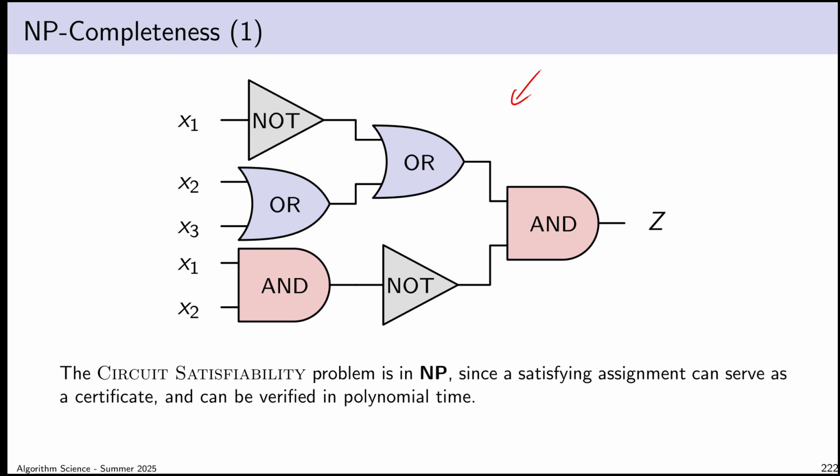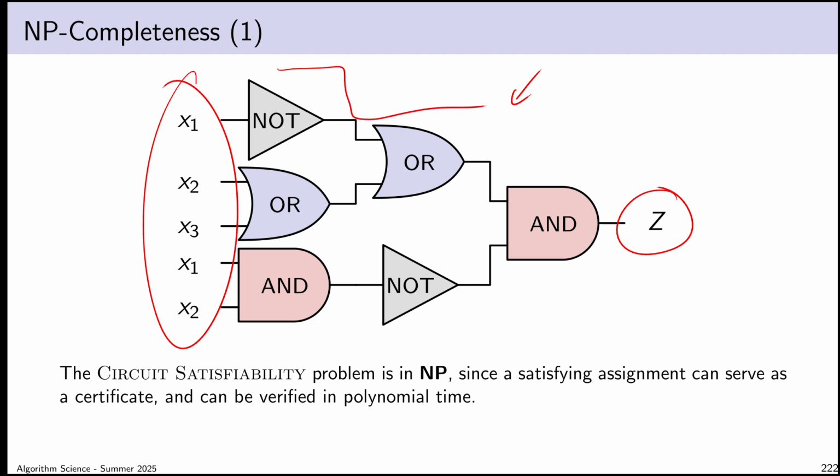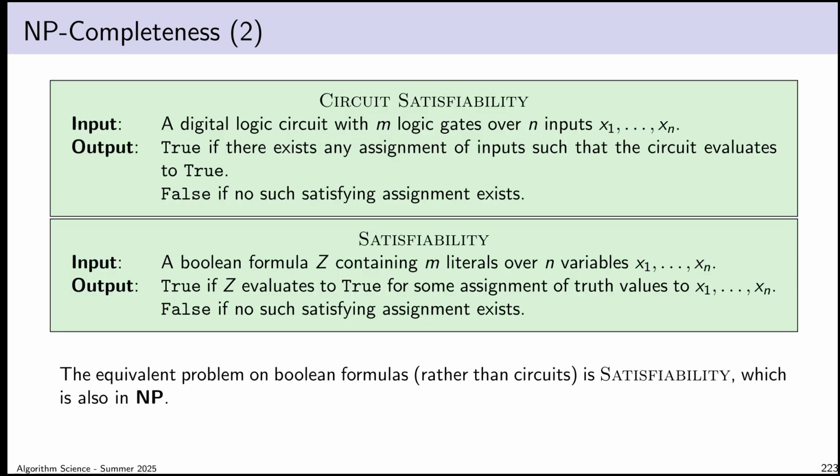whether or not it is possible to ever make the output true. That is in NP. The reason is that if I give you a satisfying assignment as a certificate, I can evaluate the circuit by just looking at the output of each gate in polynomial time. And unsurprisingly, if you give me a Boolean formula, I can use a satisfying assignment for that as a certificate and just evaluate the formula.